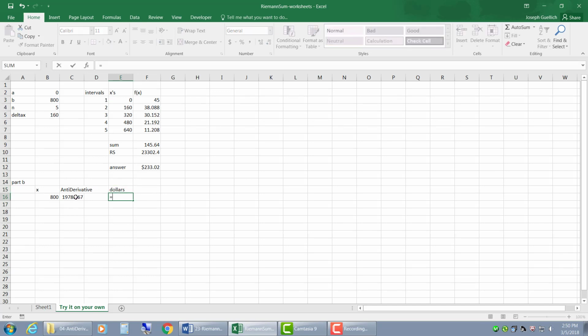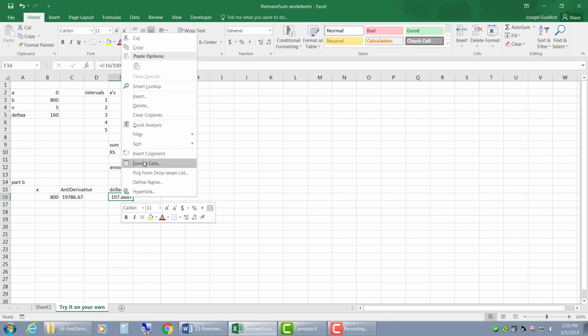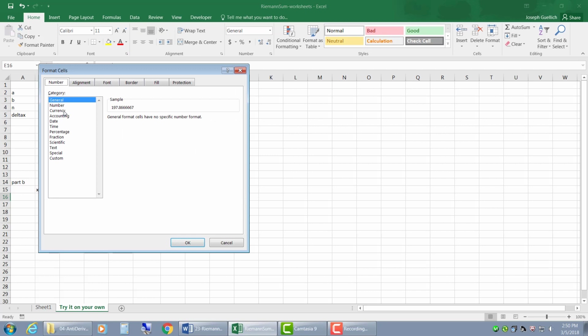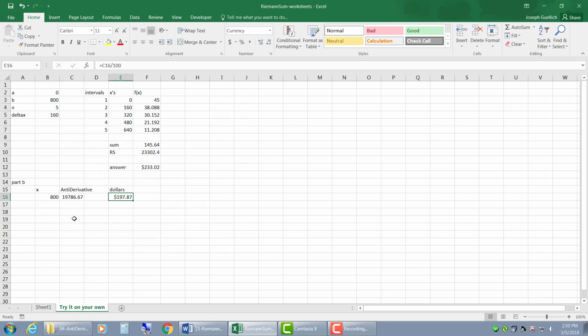And remember, that's in pennies. So our answer with the antiderivative and no fixed cost is 197.87 dollars. And the answer in part A was an estimate of $233. So let's do our error.